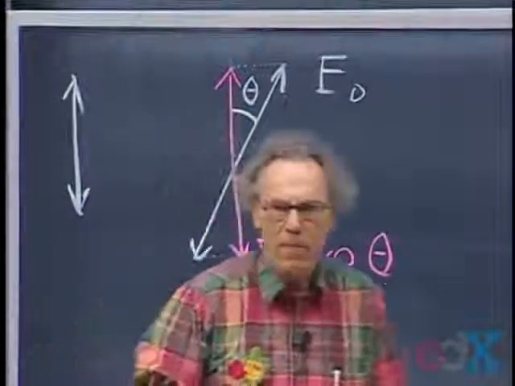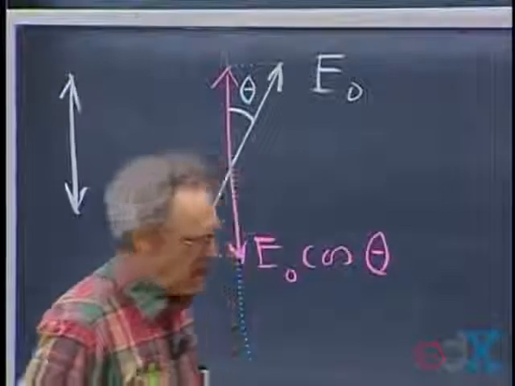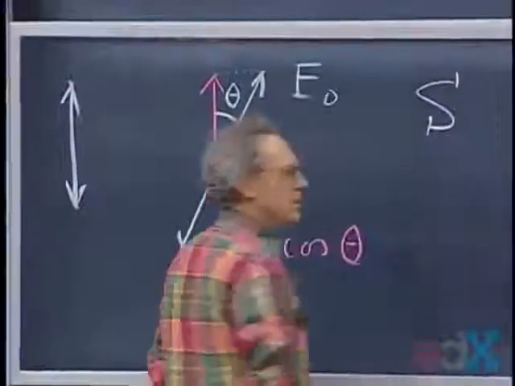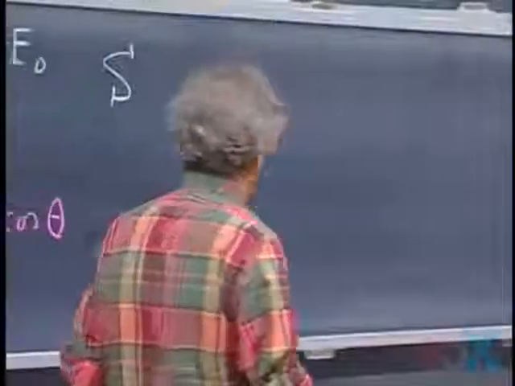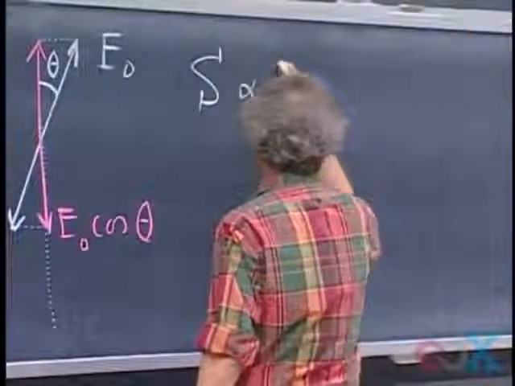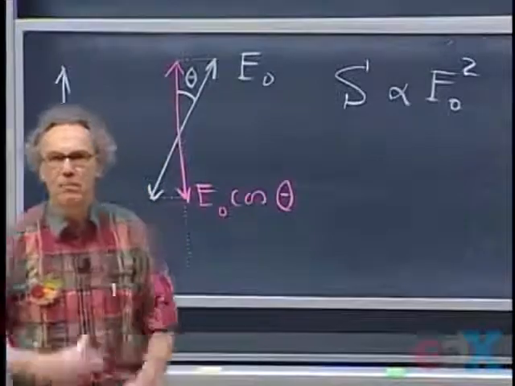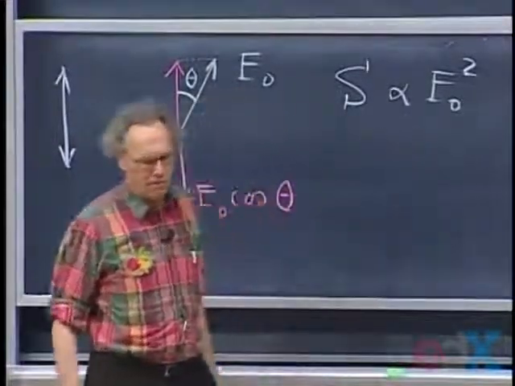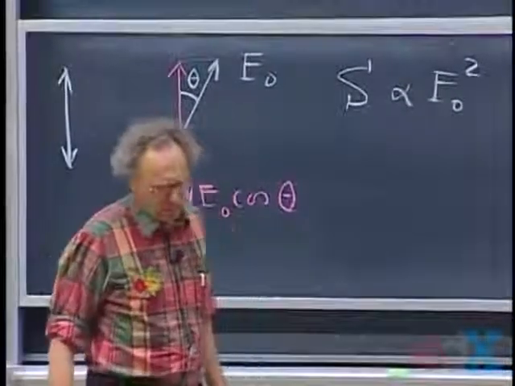If you ask me now whether the light is reduced in intensity, I would have to say yes, of course, because light intensity depends on the Poynting vector, and the Poynting vector is always proportional to E0 squared. Because the Poynting vector depends on the cross product between E and B. And if E is reduced, B is also reduced. And so we get a cosine square reduction.